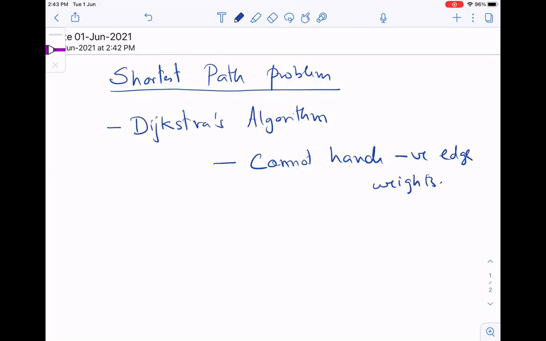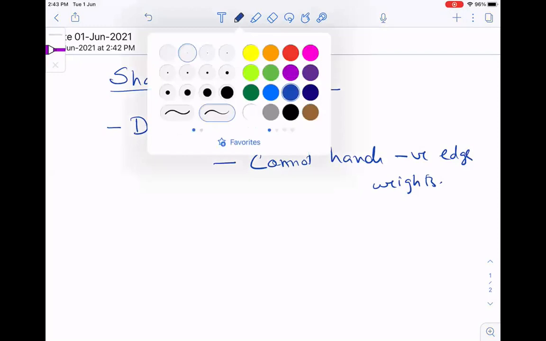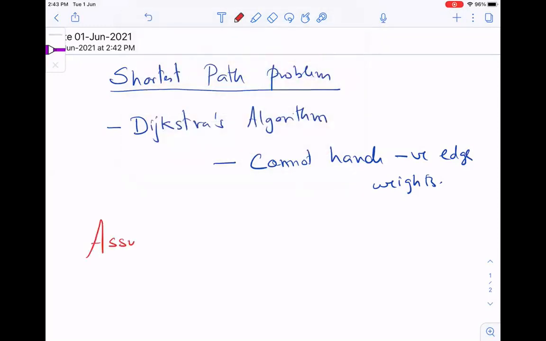So we can still assume no negative cycles. I have been given a graph in which there are no negative cycles, but there are negative edge weights. Now, how do you compute the shortest path? How do you find it?